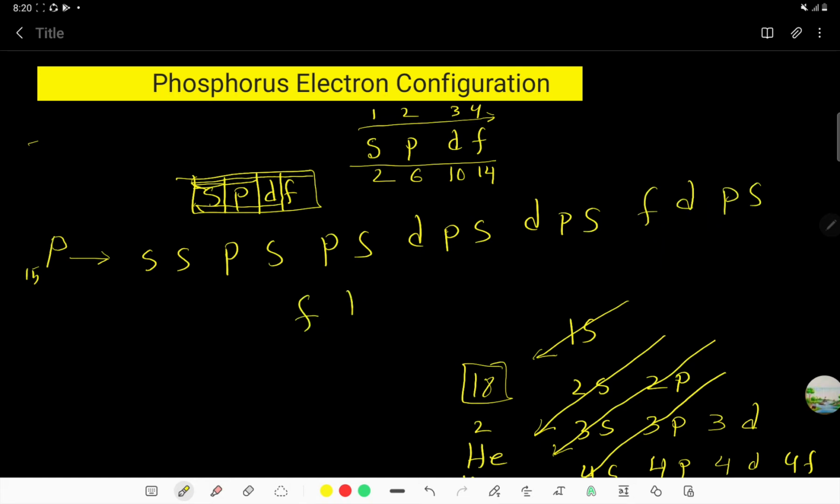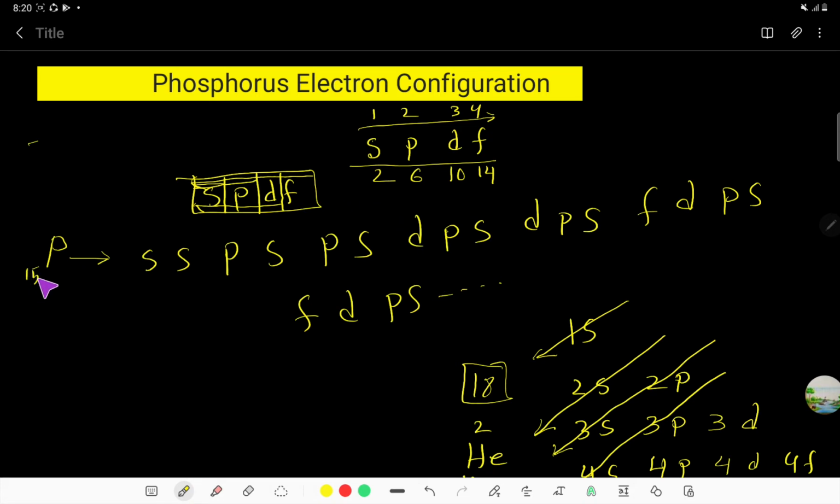You can write any number, right? And this will continue. So you will write S just once, then PS, PS 2 and DPS, DPS 2, and then you can write FDPS to any number. So say with me, forget this: S, PS, PS, DPS, DPS, FDPS, FDPS, FDPS, right?